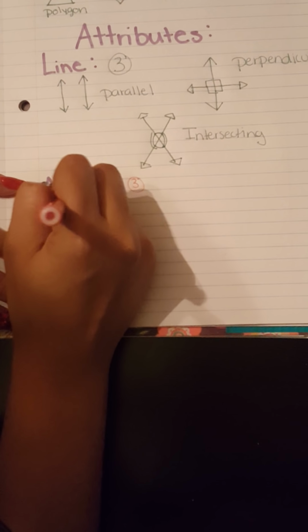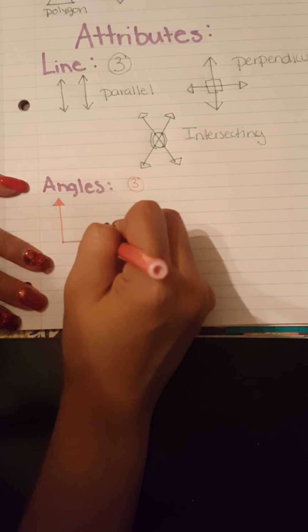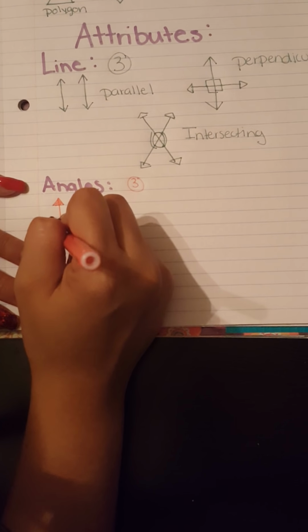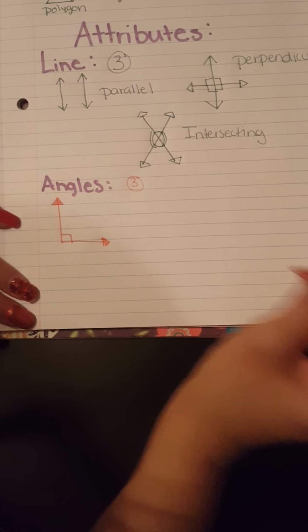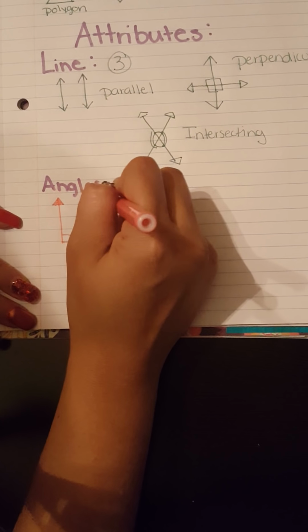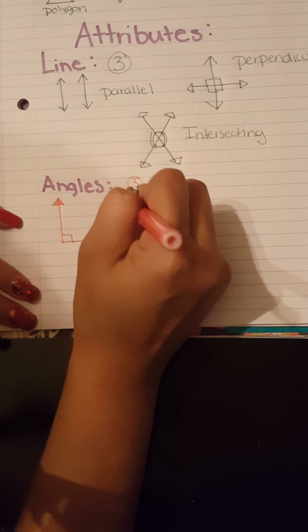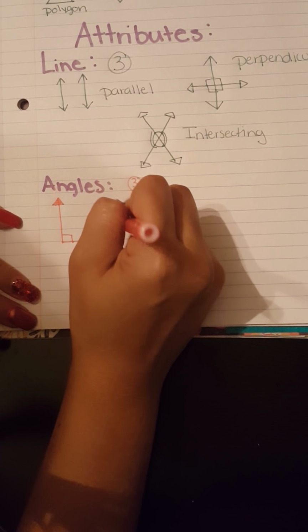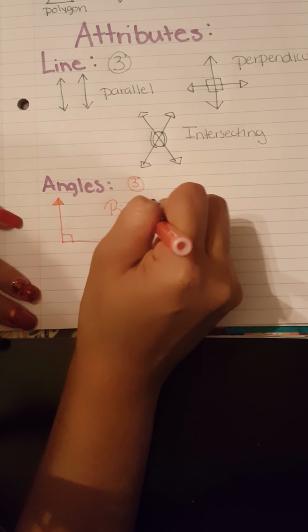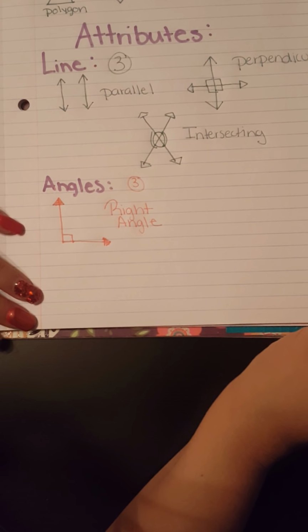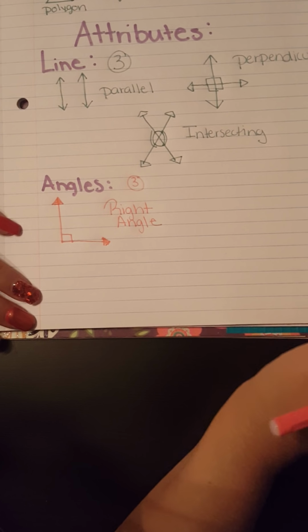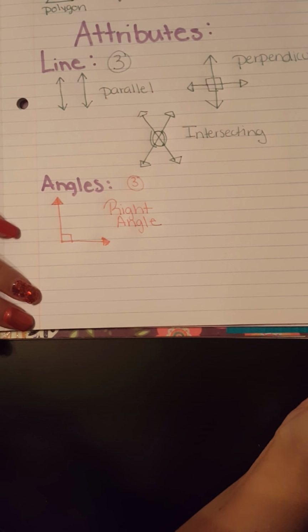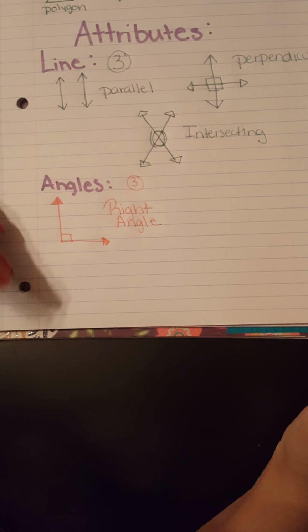Forms an L. What is that angle called? If you said it was called a right angle, you're right. Because it's right. But not because you're right, it's right. But it's right because it's called a right angle.